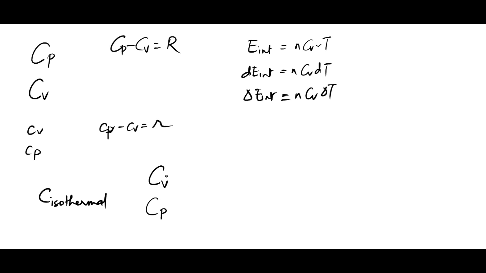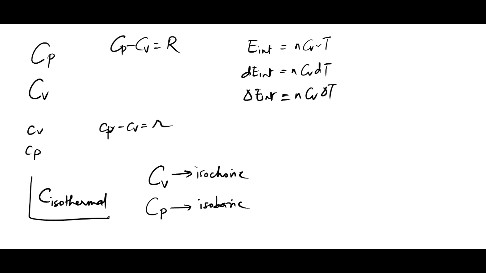In other words, if you keep the gas volume constant, that is in an isochoric process, you get a certain value of C, which is called Cv. On the other hand, if you keep the pressure of the gas constant and the process is isobaric, then you get a certain value of C, which is called Cp.